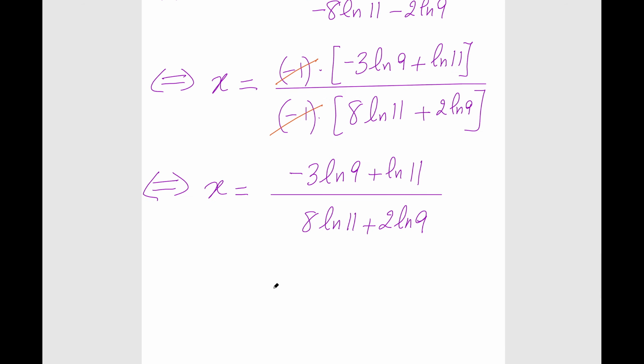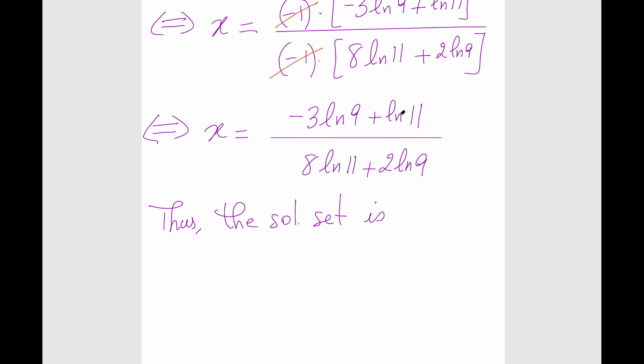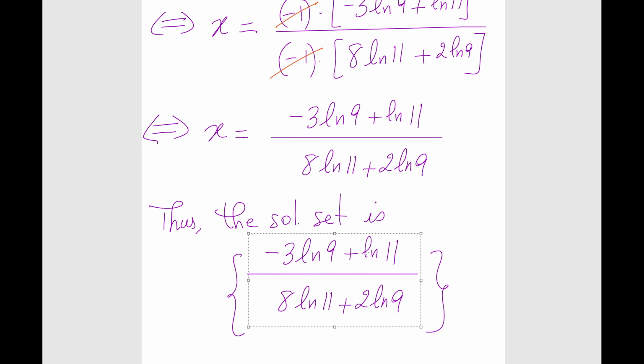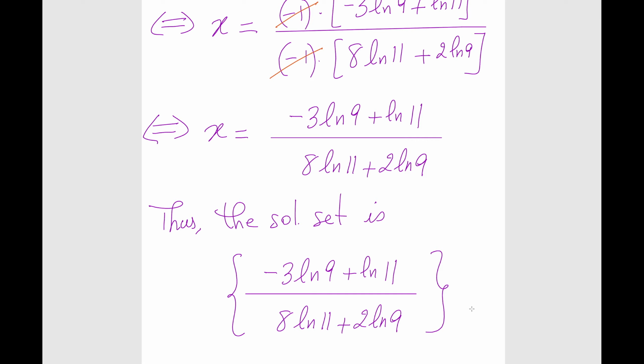So in conclusion, we obtain that the solution set is simply the set consisting of the solutions, and in this case there's one and only one solution, so it's the set consisting of my solution. What's the solution? It's this guy, correct? That's my guy. So this guy, I'm going to copy it and paste it right there. Make sense? So that's the solution set. All right, let's keep going.